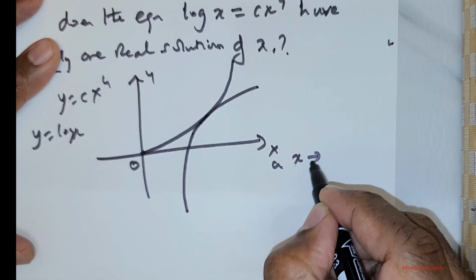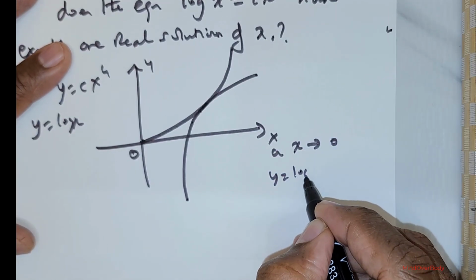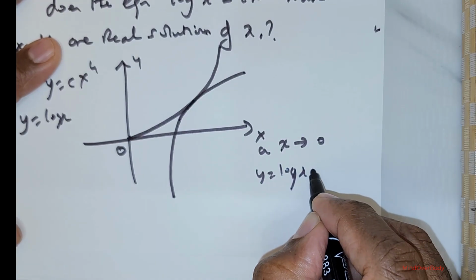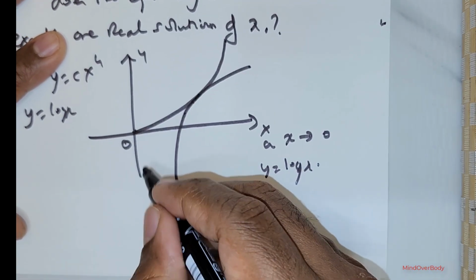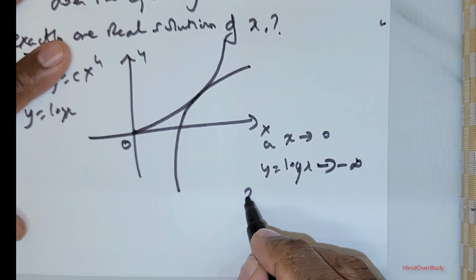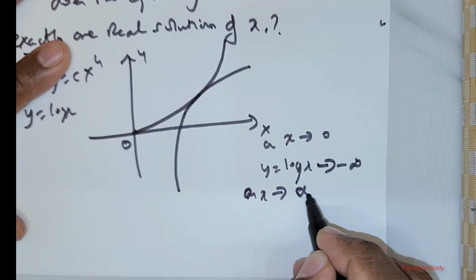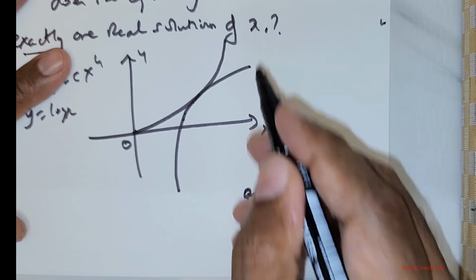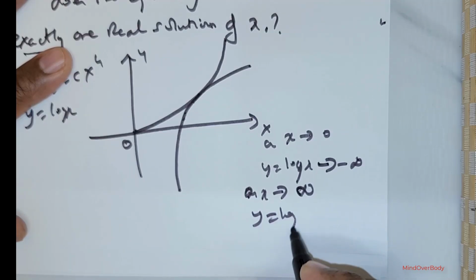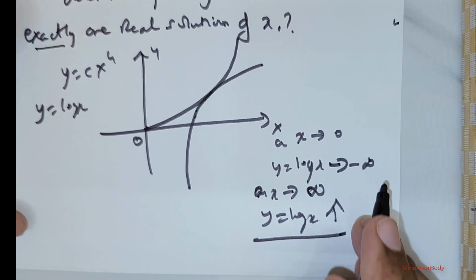As x is moving towards 0, y is equal to log x will actually go down. It is going down, moving towards negative infinity. And as x is moving towards positive infinity, y is equal to log x will increase enormously.